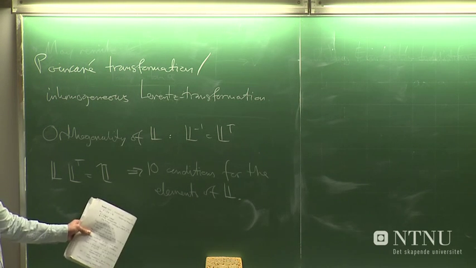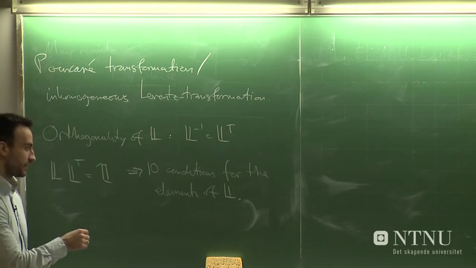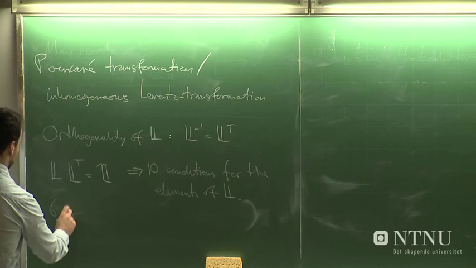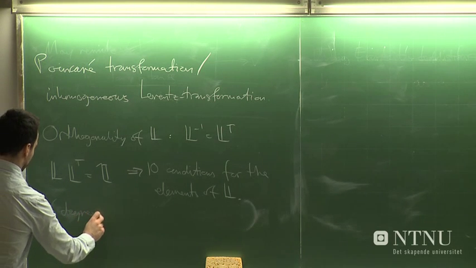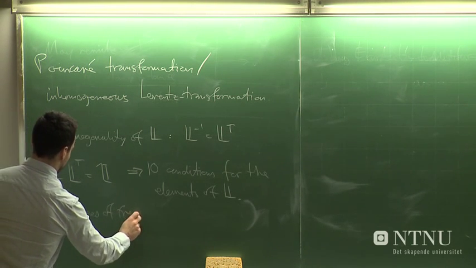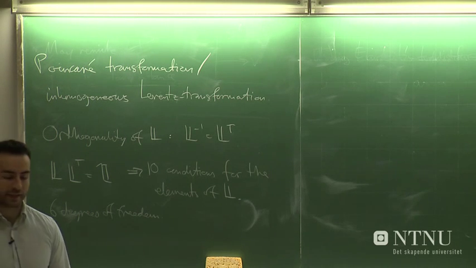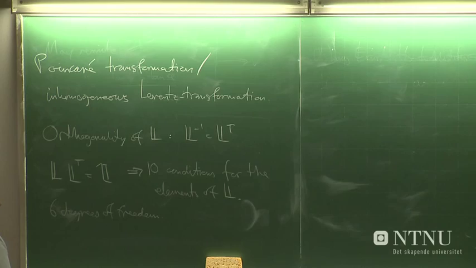So in this case, where we have a 4x4 matrix, we have 10 conditions, which means that we have 6 degrees of freedom. Because the Lorentz transformation matrix has 16 elements, since it's 4x4, so 16 minus 10 is 6.